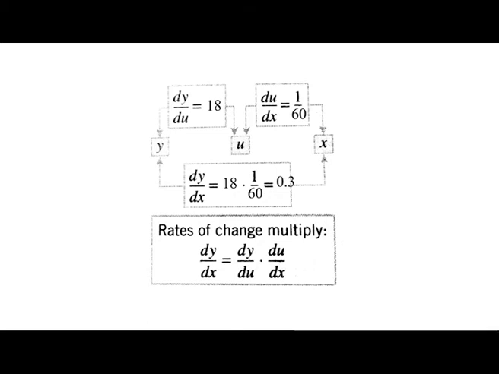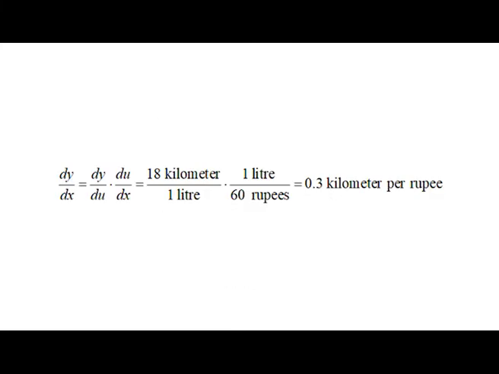Intuition suggests that the rates of change multiply in this case. So, dy/dx equal to dy/du times du/dx, that is equal to 18 km per 1 liter times 1 liter per 60 rupees, equal to 0.3 km per rupee.